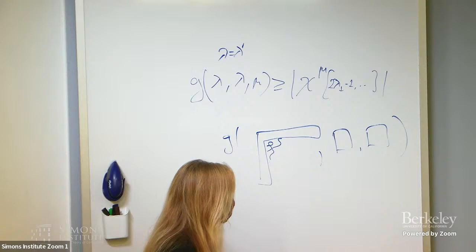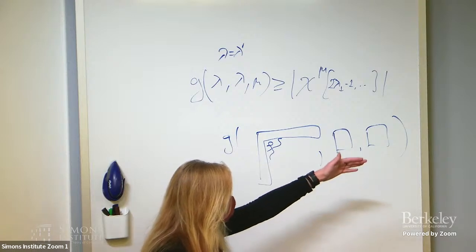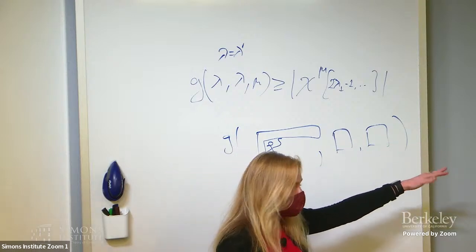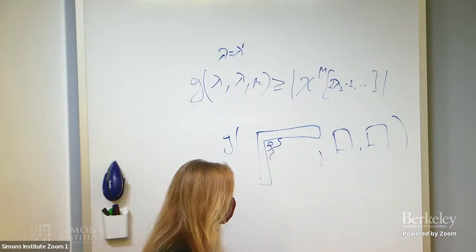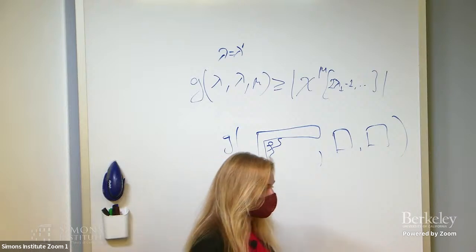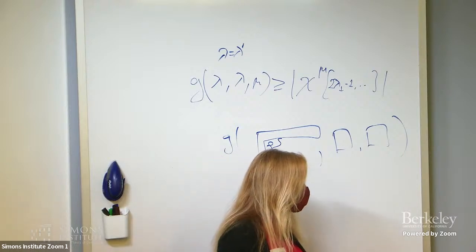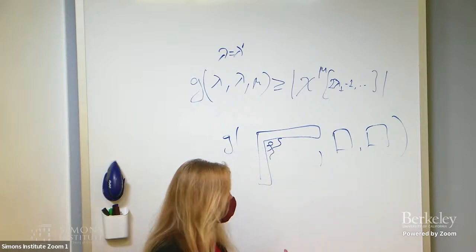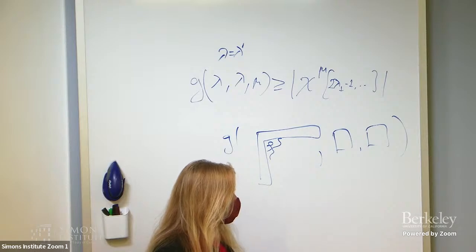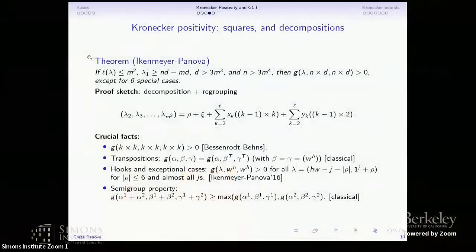So with the rectangle, we basically use this decomposition, the various positivity rules for smaller building blocks, and the semigroup property, which tells us that the Kronecker coefficient of the coordinate-wise sum of partitions is greater than or equal to the maximum of the Kronecker coefficients of the first triple and of the second triple, as long as both are positive.